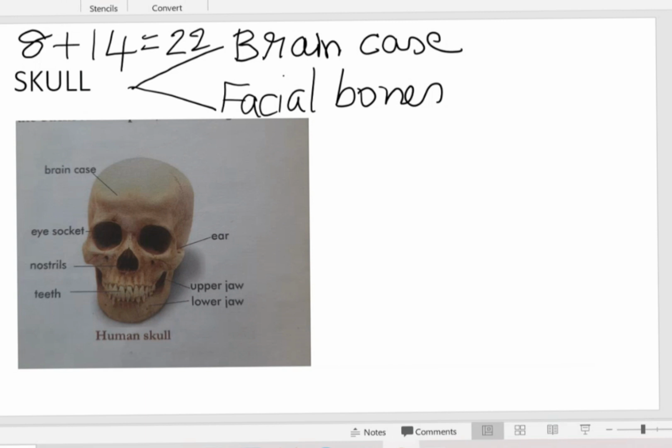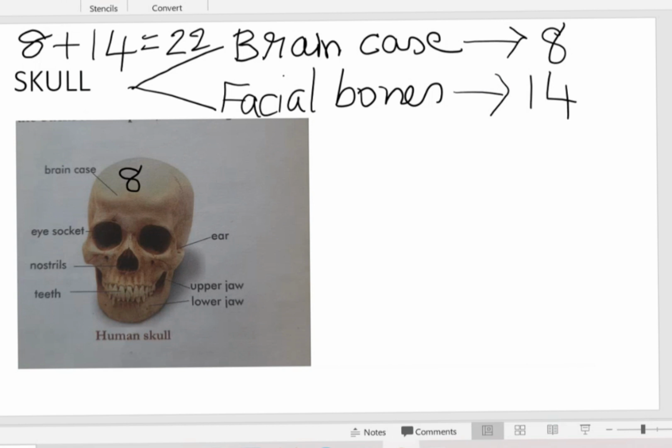Out of these 22, 8 bones are there in your brain case. Facial bones make up 14. So you can see the brain case here. Total 8 bones are there.